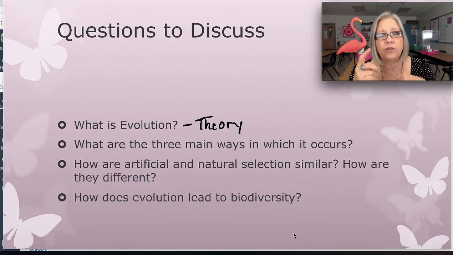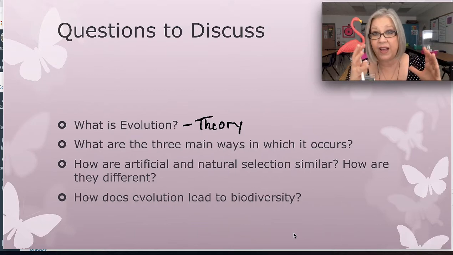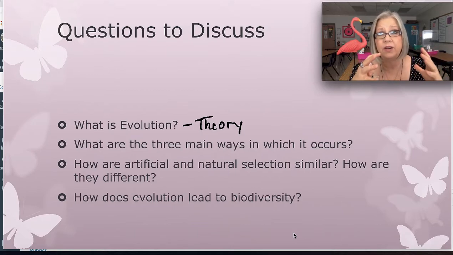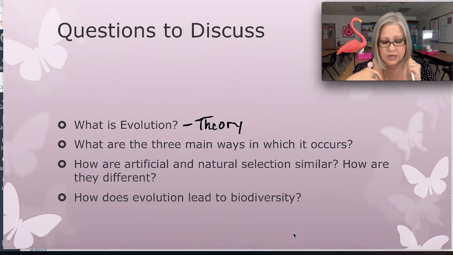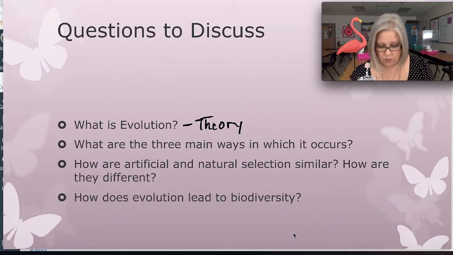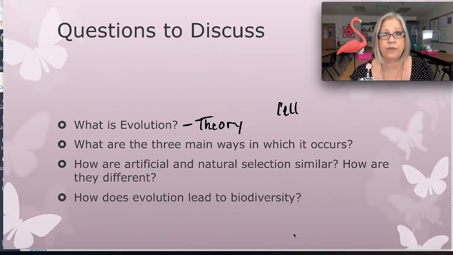Scientific theory has gone through lots and lots of testing. It can be refined and shaped, and the theory of evolution definitely has been refined and shaped over the years. And when you think about other theories, we have some really important ones. We have things like cell theory, right? The fact that all living things are formed from a cell.